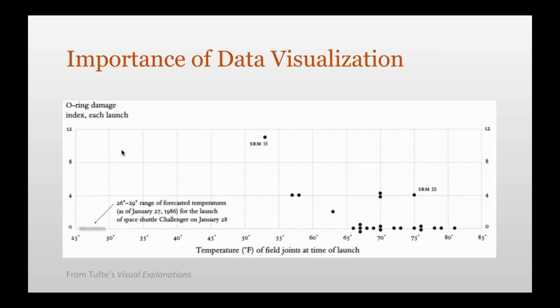And this is taking place in Cape Canaveral, that's Florida, which usually is going to have great weather, but it seems like it was very unseasonably cool on this particular day. So marked, you could see the range of forecasted temperatures on that day. And then in terms of the actual data, you can now see what the pattern is.